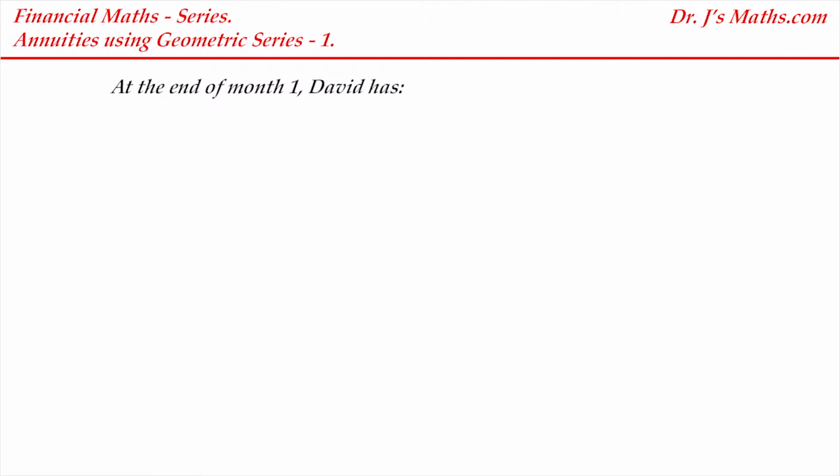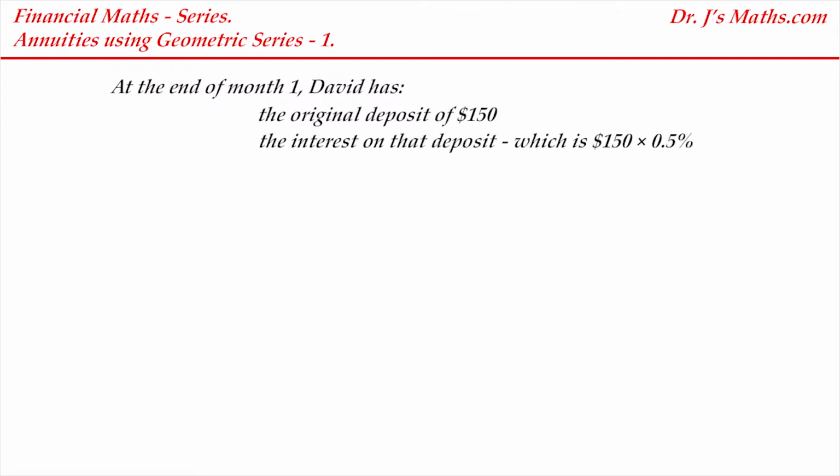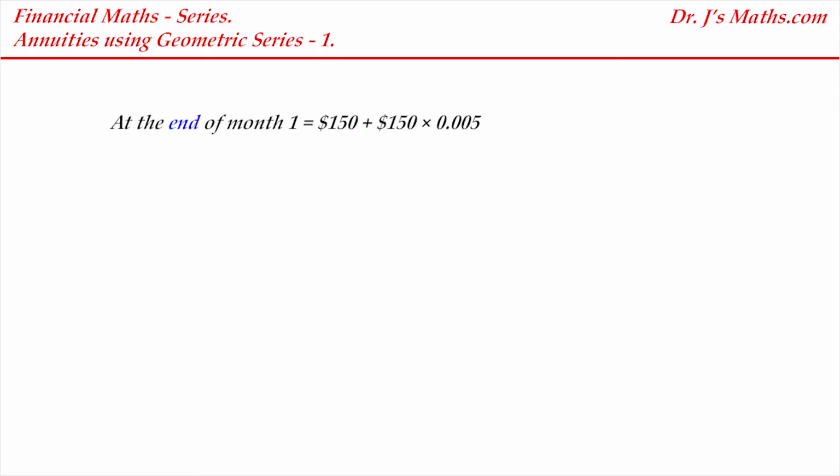So at the end of month 1, David has in his account the original deposit of $150 and the interest on that deposit that was paid at the end of the month, which is $150 times 0.5%. So writing that down more mathematically, at the end of month 1, David has his original investment of $150 plus the 150 times 0.005 interest on the original investment.